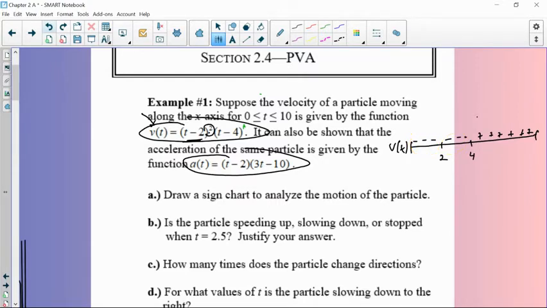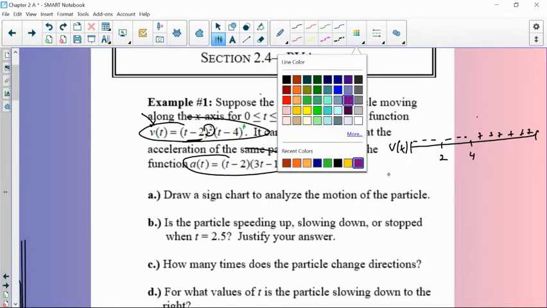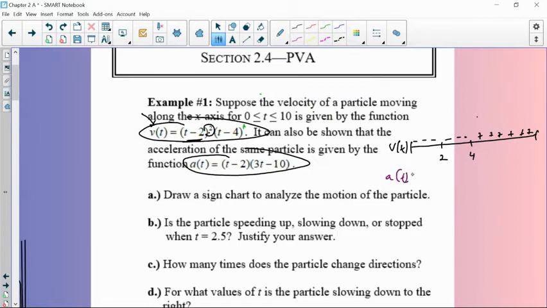Now, I want to line up very carefully my acceleration chart as well. So now my a of t starts at 0 and goes to 10. And I want to keep track of key points here. When is that 0? It's 0 also at 2, but then at 10 thirds. 10 thirds is like 3 1/3, right? So we know it's a little bit before 4, so right there.